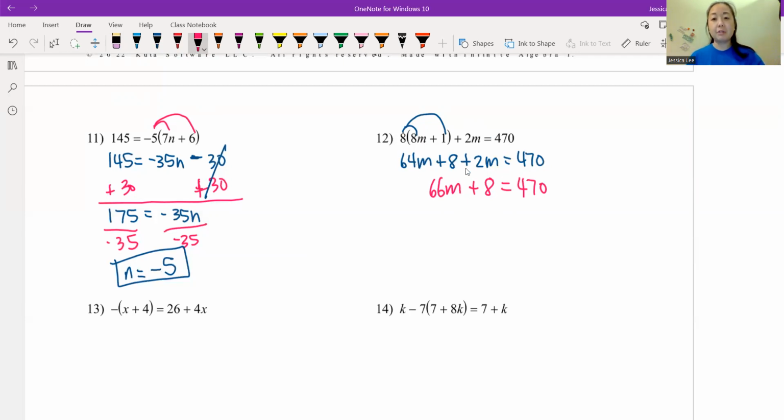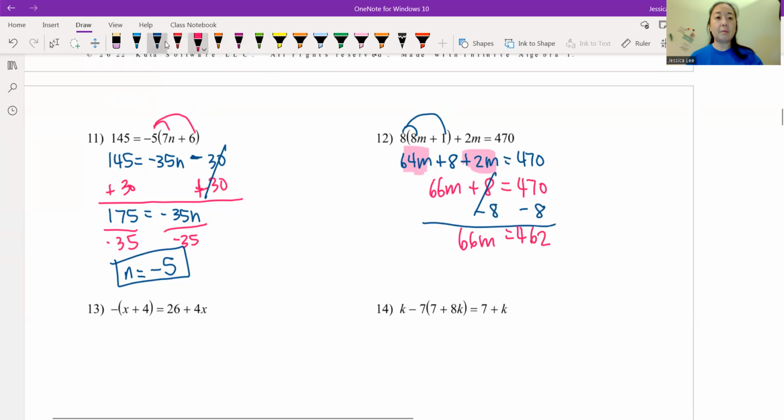So here again, we combine like terms. See how we have this m right here, the 64m plus the 2m, which is going to give us 66m. And then we're going to go straight to step equations again. Do you see what I'm saying? That's all it is. So we get 66m is equal to 462.